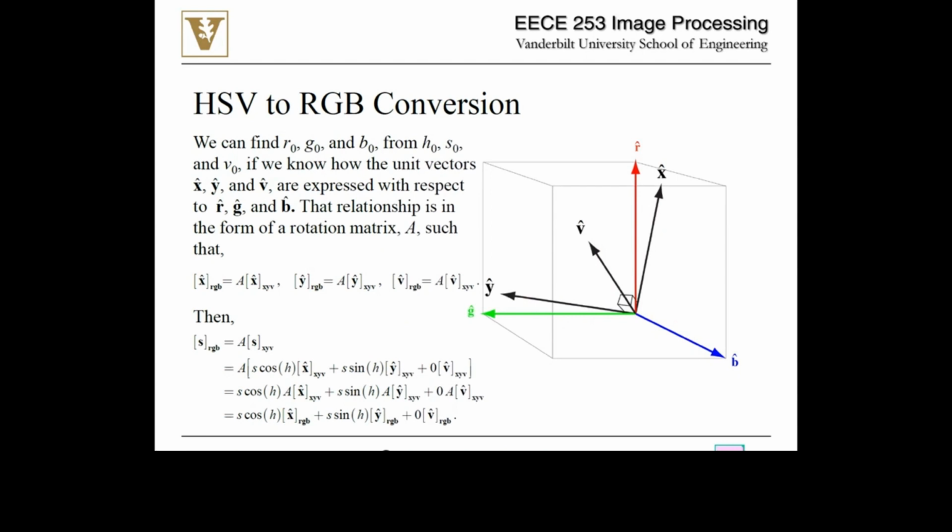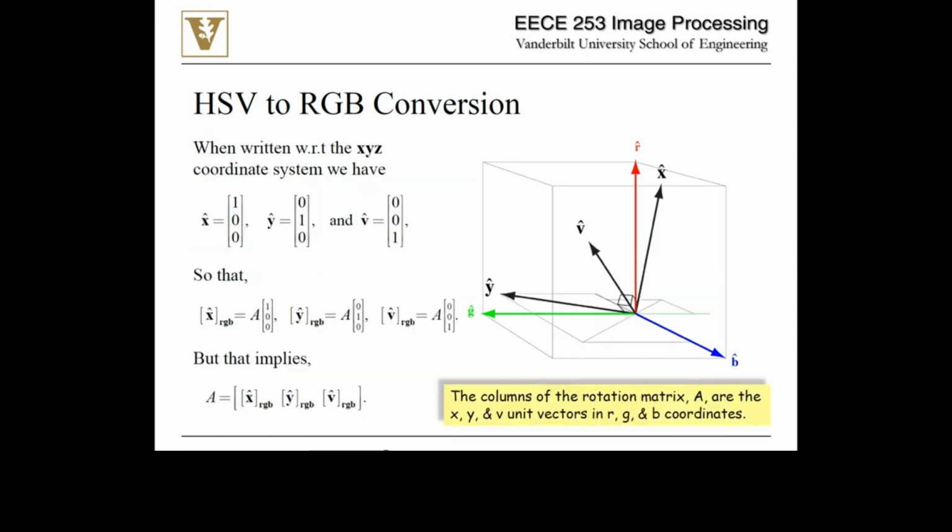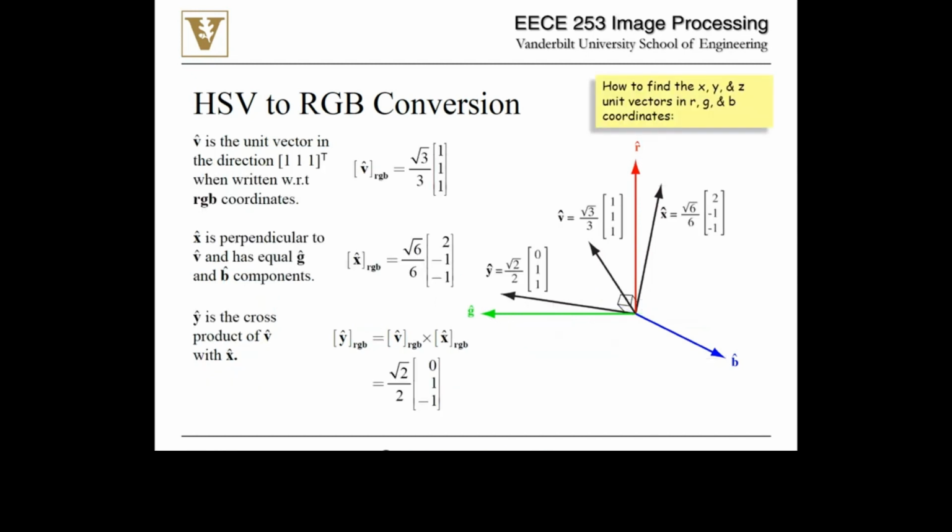So now I need to find this representation of the vectors X, Y, V that are the basis in my plane. I have to find those expressions in the RGB coordinate system. This is the same equation I wrote on the whiteboard. Okay, so let's look for that. This is a bit more algebra, but let's forget about this for the moment. We'll come back to that later.